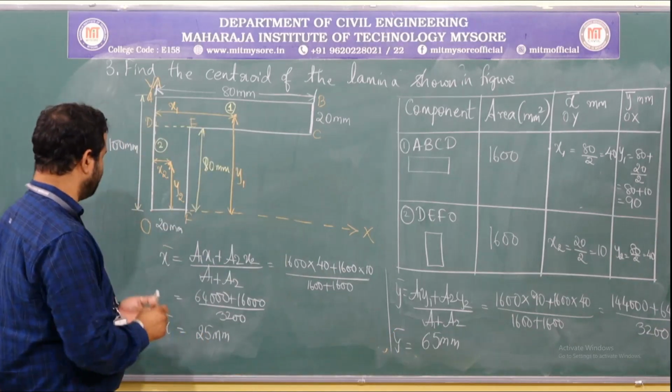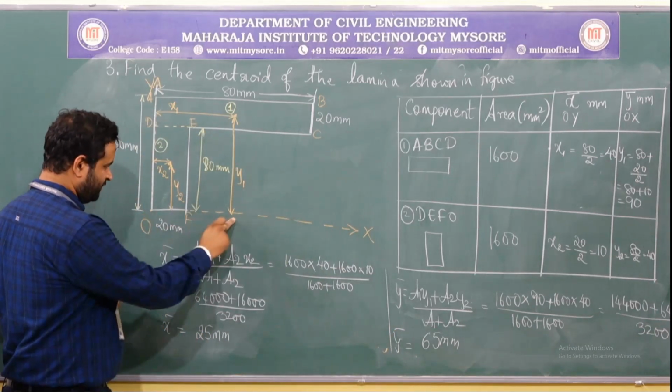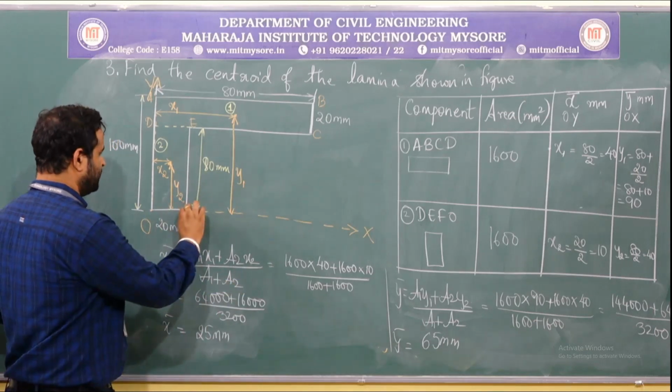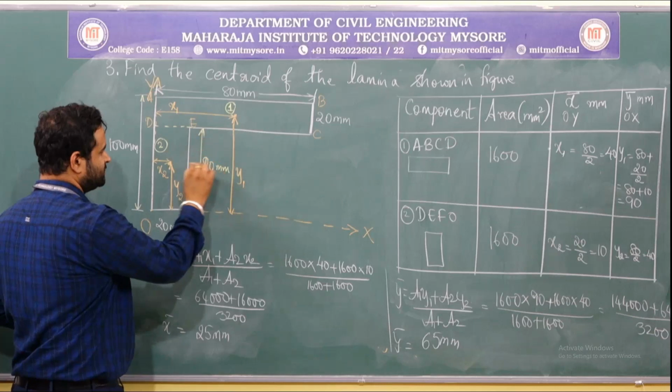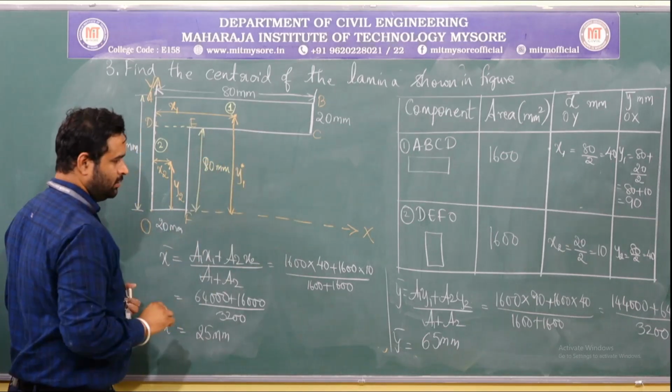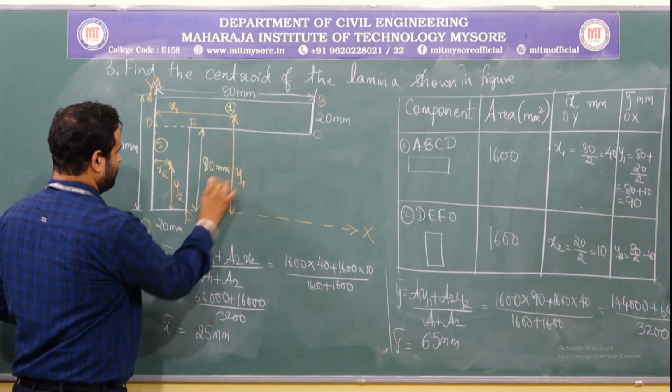So x bar is 25 from this point 25, okay, and y bar is 65. So from here 65. So it is 80 somewhere around here. So let me plot it here, which is 25. Okay, no, not here, here.